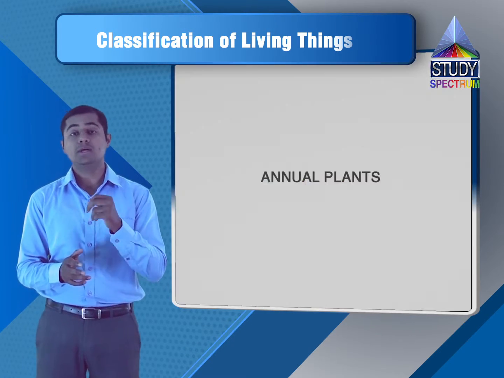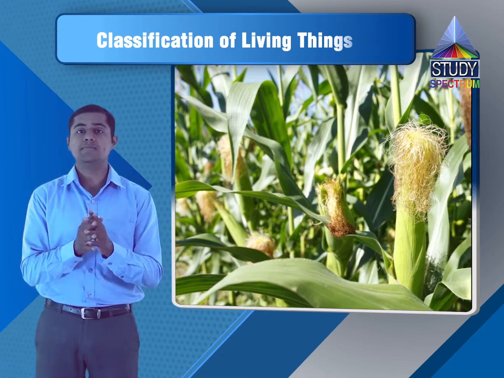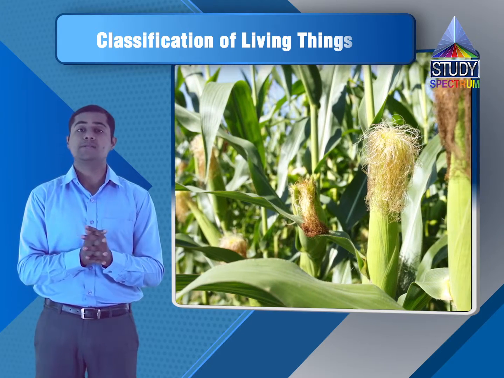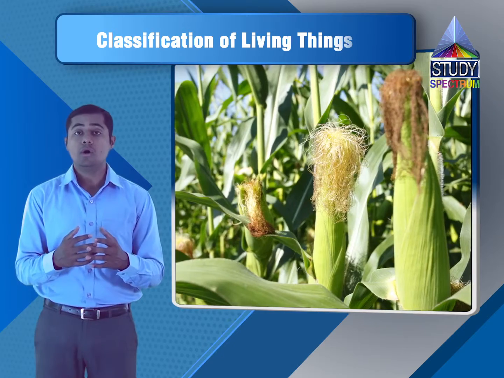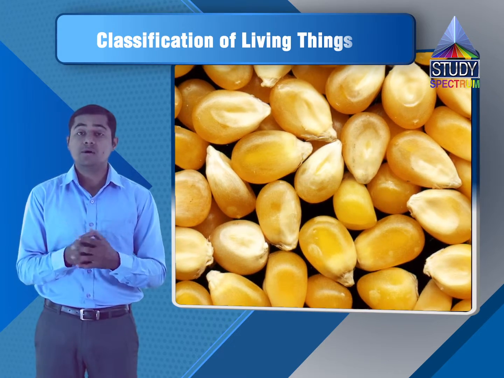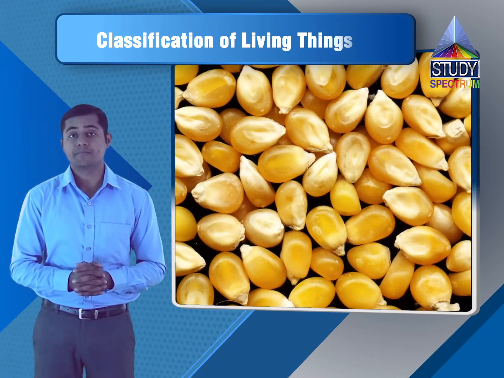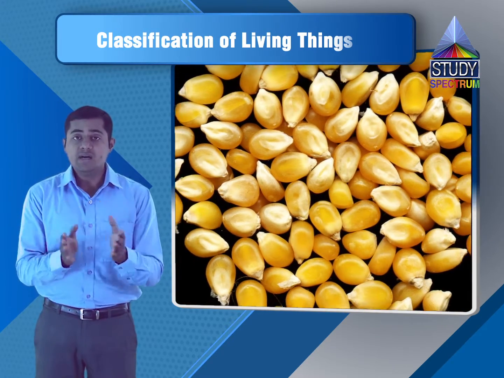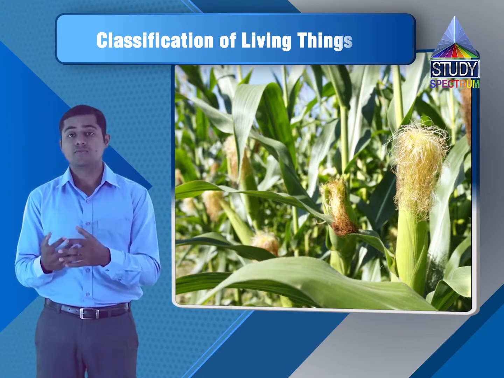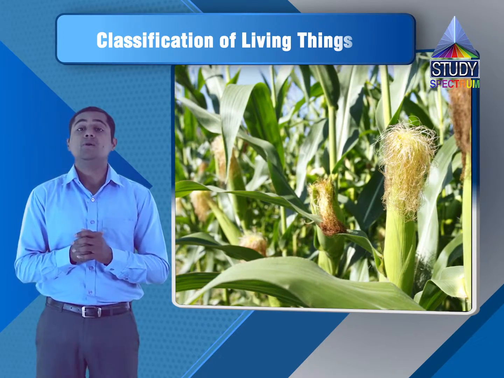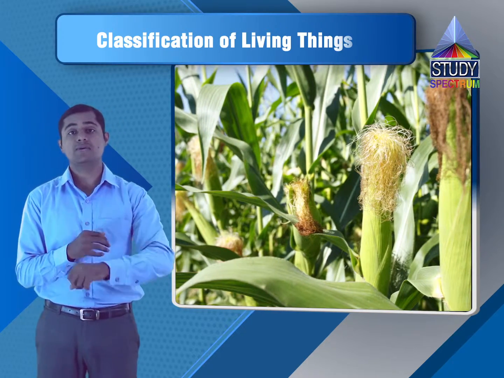Now let's talk about the annual plants. What are those? Annual plants are the plants which have a life cycle of 1 year. In 1 year they grow and they bear the flowers, they bear the fruits, and their life cycle ends over here. In a single year they complete their life cycle, and once they have flower and fruits, then they cannot continue living to bear another cycle of flowers and fruits.